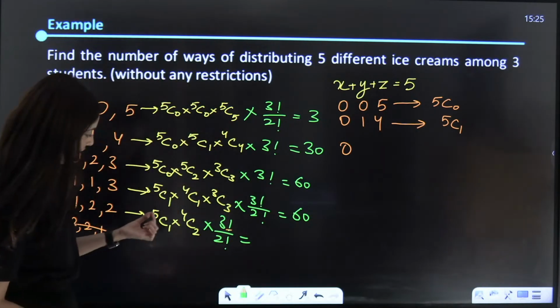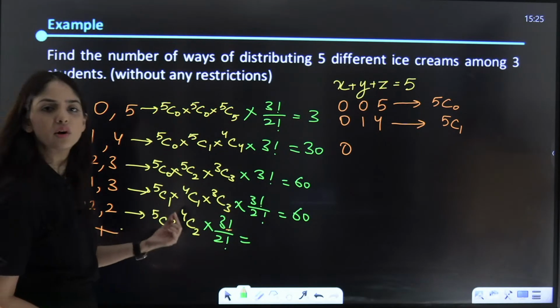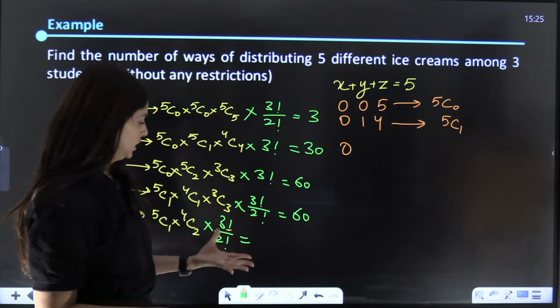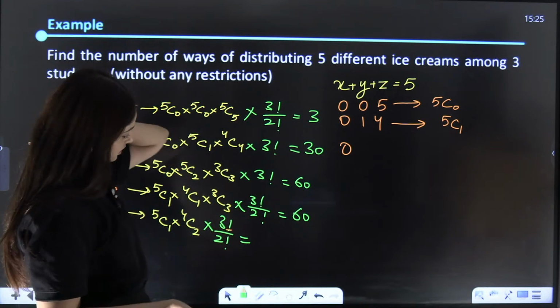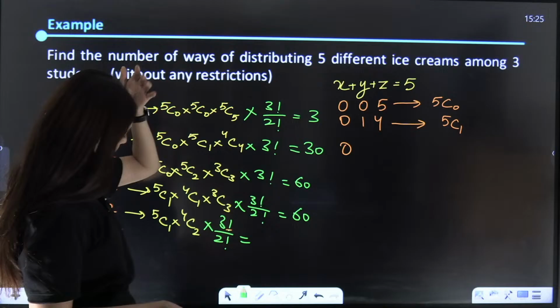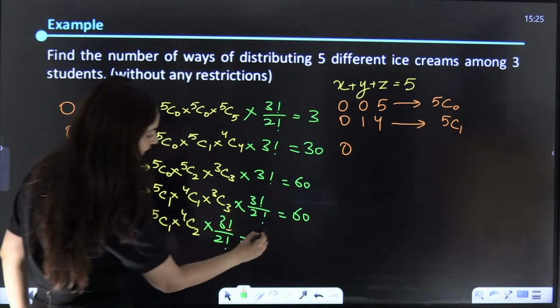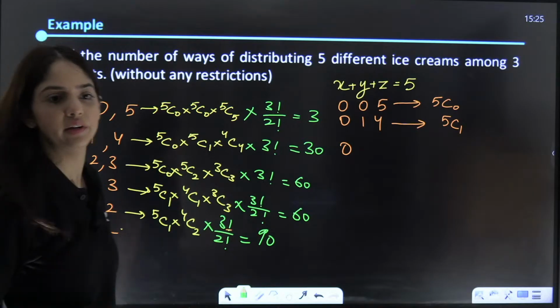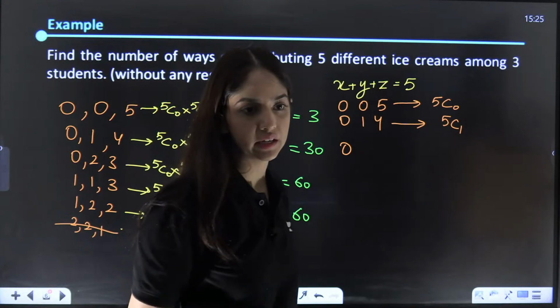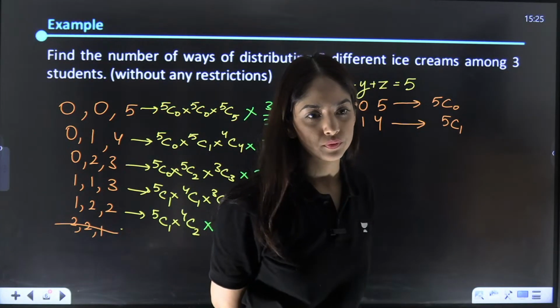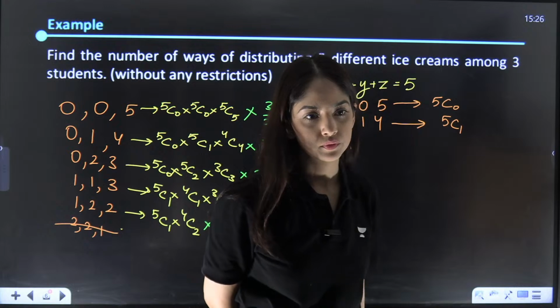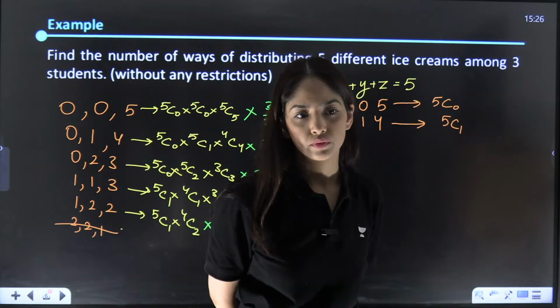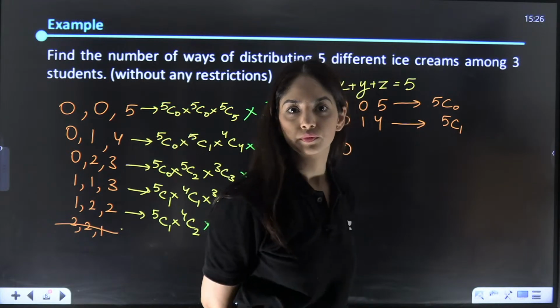And then we have 5 into 4C2, that is 6. So 5 into 6, 30 into 3, 90. We'll just add these up and we'll have our answer, right? Is that what everyone is getting? Yes?